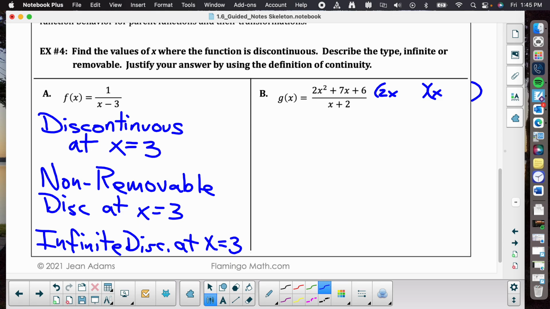Everything's positive, so it's either gonna be 6 and 1 or 3 and 2. I kind of know 6 and 1 isn't gonna work, because 6 and 2 would make 8, and if I put 6 over here, that would make 12. So it's gotta be 3 and 2. I'm just gonna try 3 and 2, and if it doesn't work, I swap them. Now I've got 4x and 3x. That makes 7.